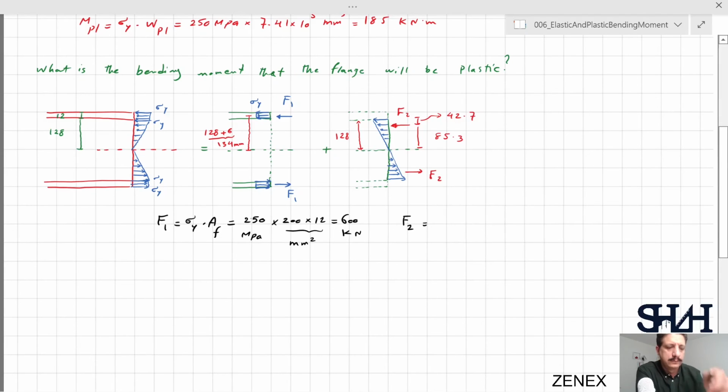F2, sigma y on one side, 0 on the other side. So it will be sigma y divided by 2 times the area of this web, which is 128 times 6. And I can write 250 megapascal. So it will be 125 times 128 times 6, 96 kilonewton.